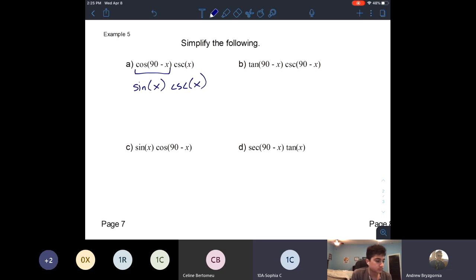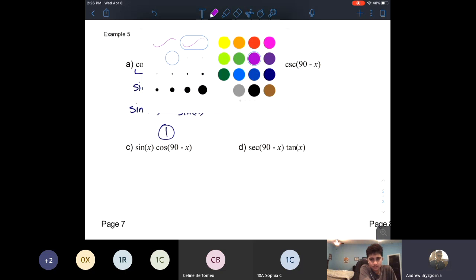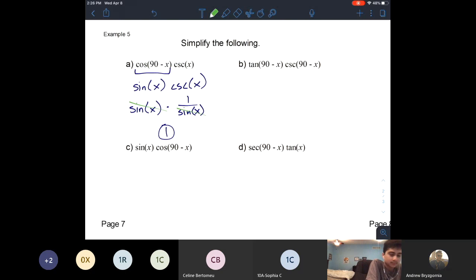Isn't it 1 over sine? Yeah, there we go. Sorry about that. I should have been more clear when I first asked that question. Okay. And what happens then when we multiply sine times 1 over sine? 1. 1, exactly. Because those 2 will cancel. So yeah, that's kind of interesting that for part A, our answer is just 1.